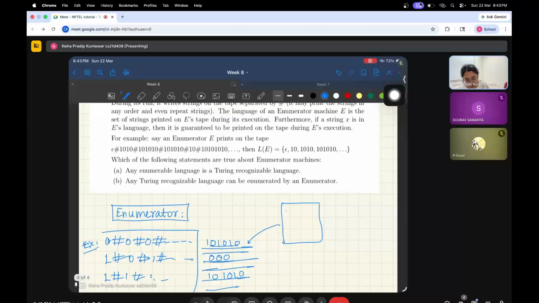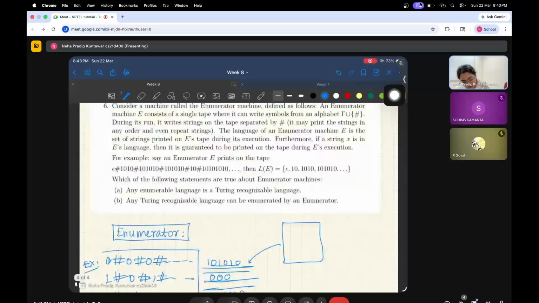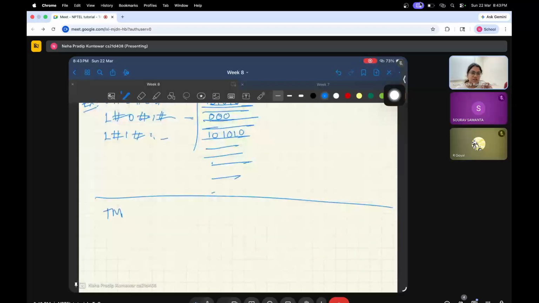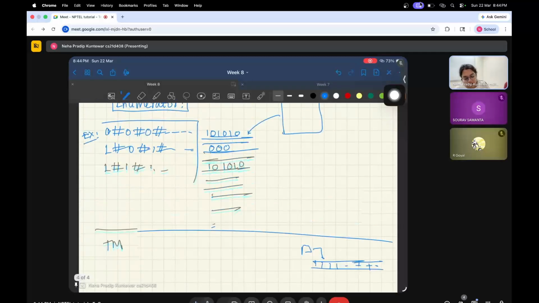The other machine, which you know, is the Turing machine, which is the standard model. You have a head, you have a tape, which is infinite, and you can keep on writing and so on.